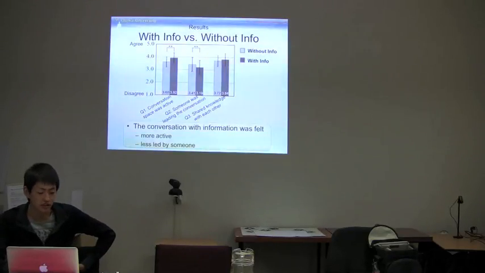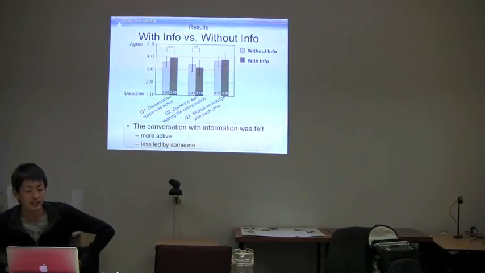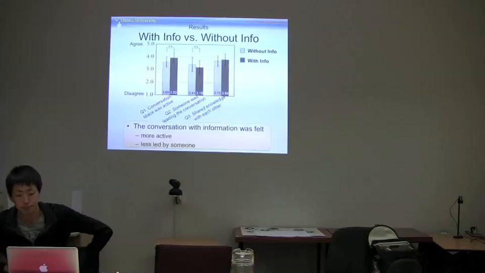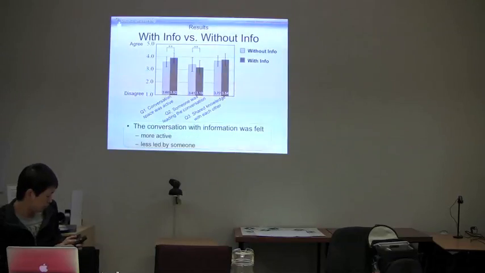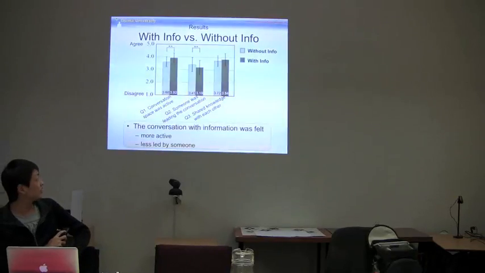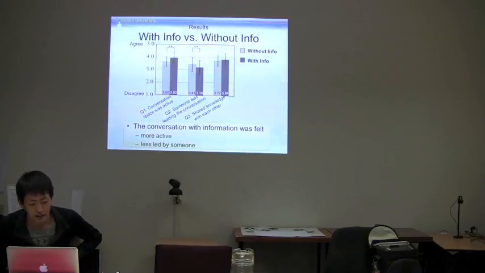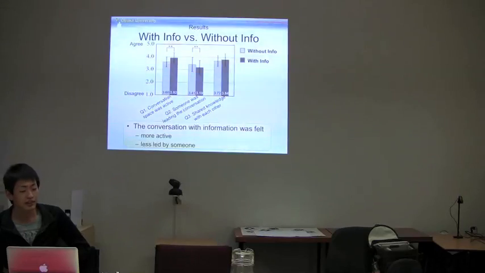Let me move on to the results. Here is the average score of subjective measurement about their conversation. The light gray bar shows without information, and dark gray means with information. In the score, 1 means disagree, and 5 means agree.